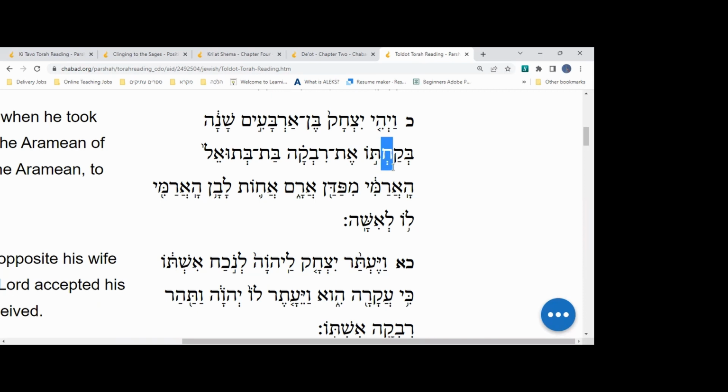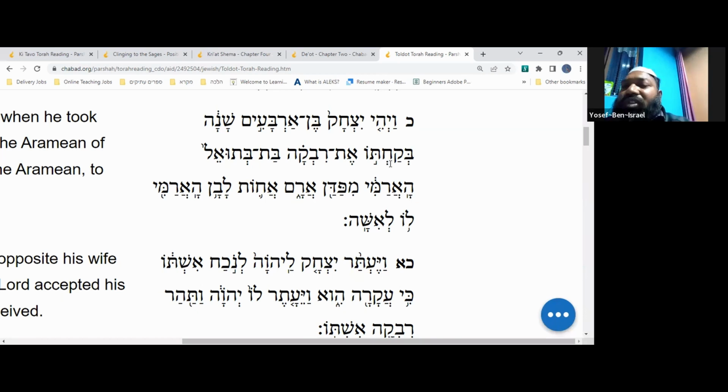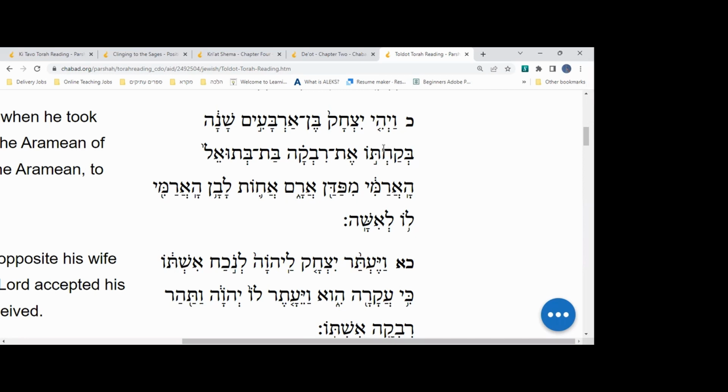It is fully silent. The consonant letter chet is pronounced, but without a vowel.